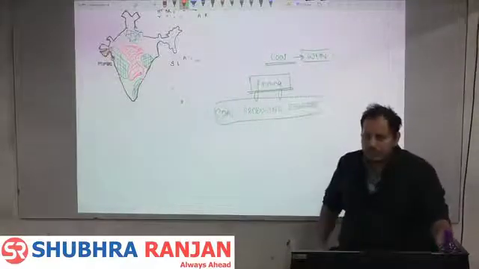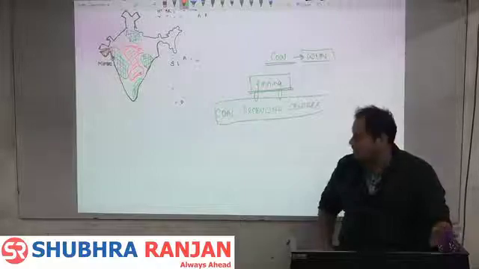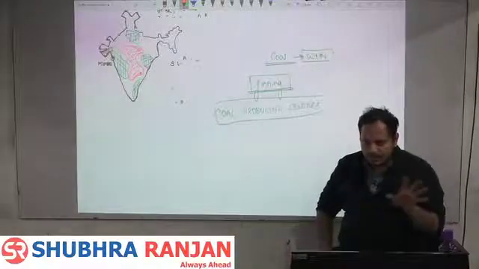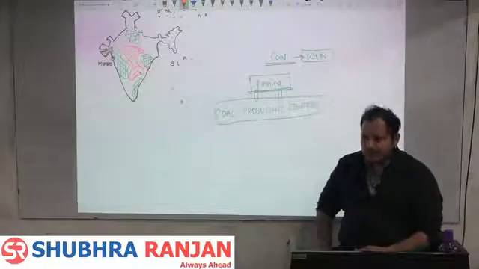You have to just draw what is in green color. Red color is the raw material based cotton industry. अब है market based cotton industry.